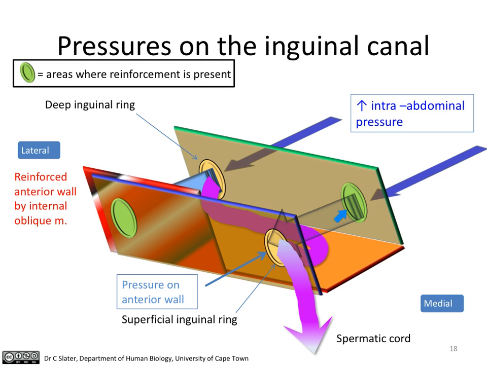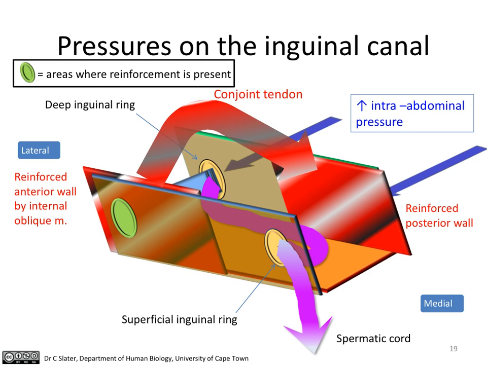Thus, there has to be some form of reinforcement of this posterior wall so that herniation, or pushing through of structures in an abnormal manner, does not occur. This is where the conjoint tendon comes into play.